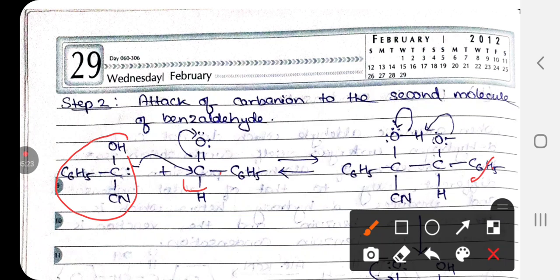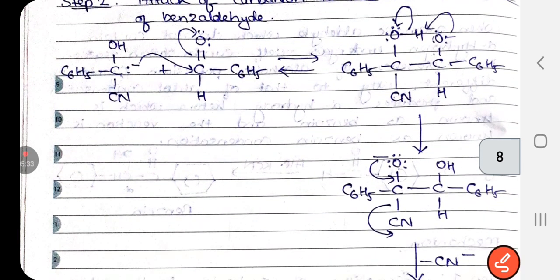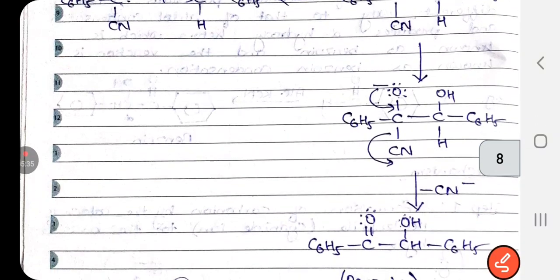Now again oxygen minus interacts with the H part of OH and shows the structure like this. This is that structure.